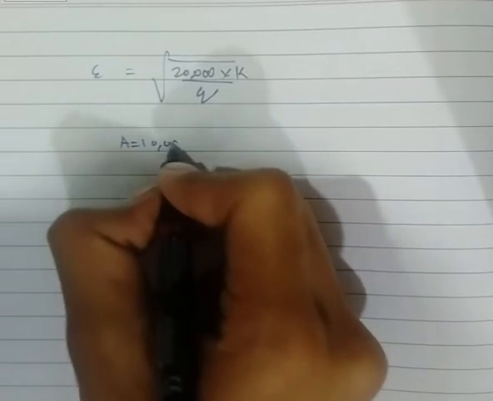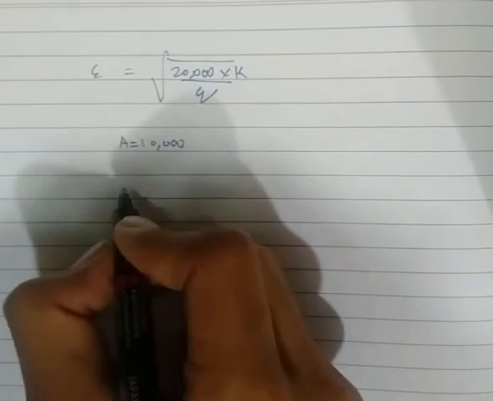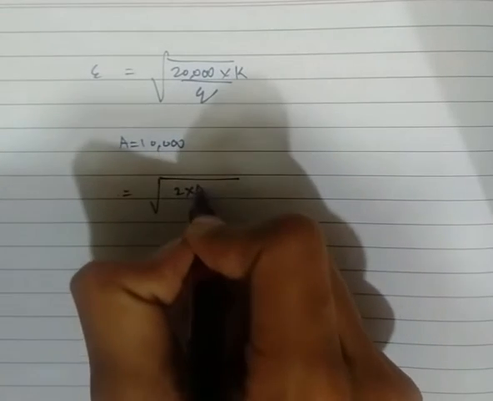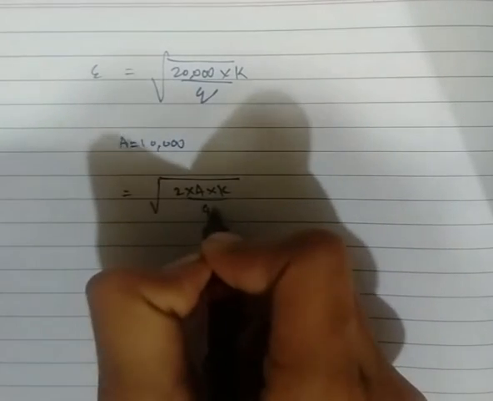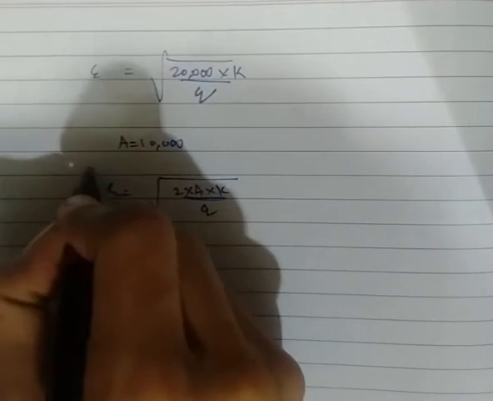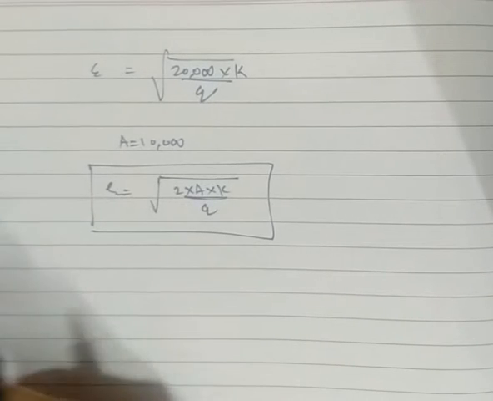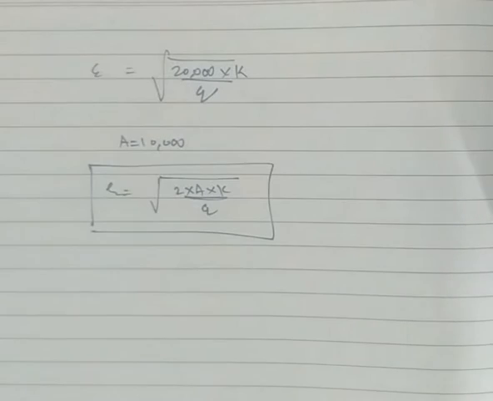We assumed A is 10,000, so we can also write this as the square root of 2 times A times k upon q, and this is the final formula you can use to find the economic order quantity, or r.